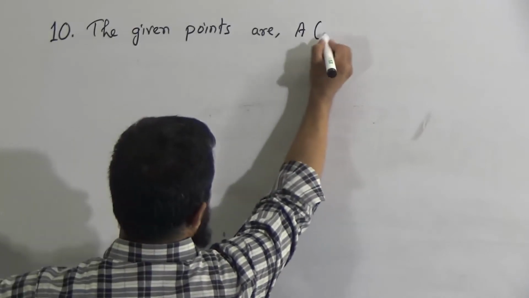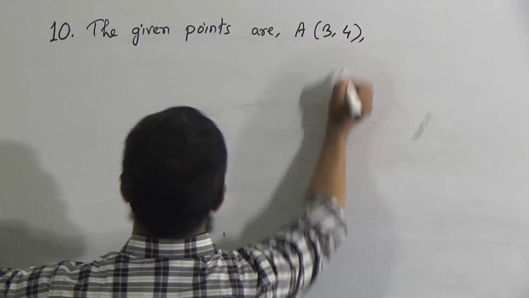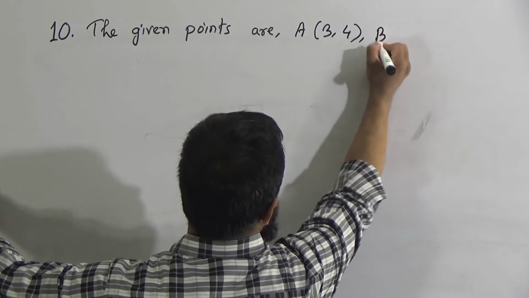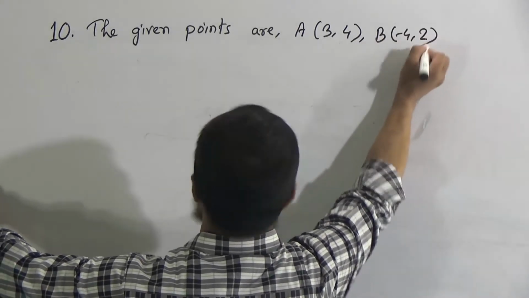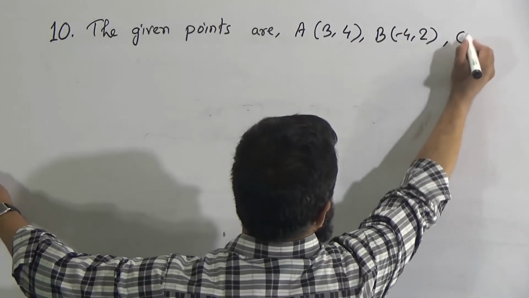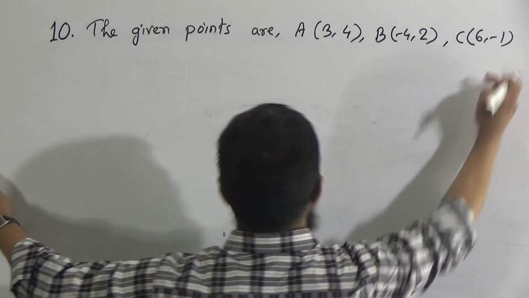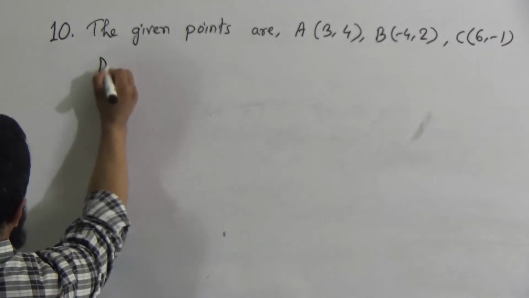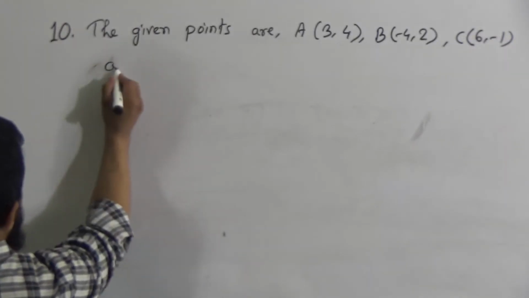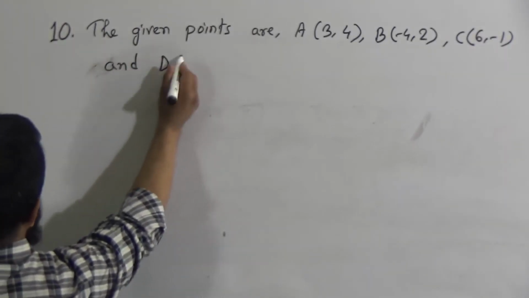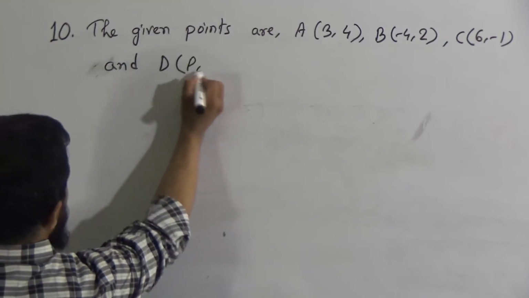That means A is 3, 4. B is minus 4, 2. Okay, C is 6, minus 1, and D is here also given. D is P, 3.